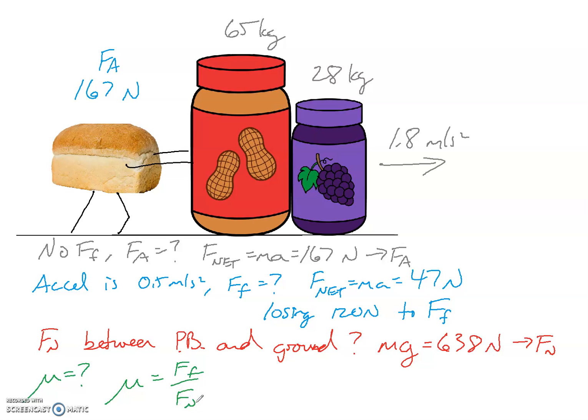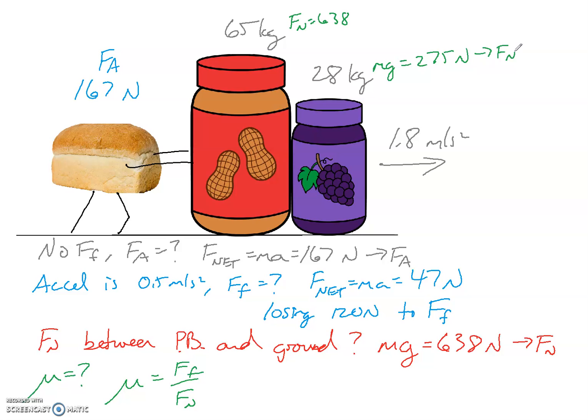Now, we know the Fn for the peanut butter is 638 because that was the weight of the peanut butter. Well, the same type of calculation can be done for the jelly. If we do the mg for the jelly, that is 275 newtons, and that would be the Fn for the jelly.